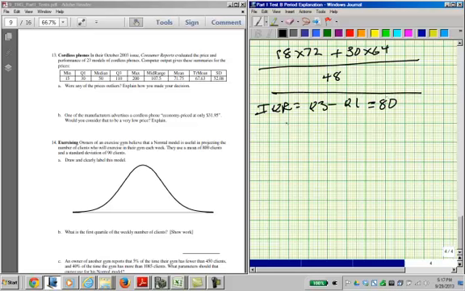So 1.5 times the IQR is 120. So the right-hand fence equals Q3 plus 1.5 times the IQR, and Q3 is 110 plus 120, which equals 230.